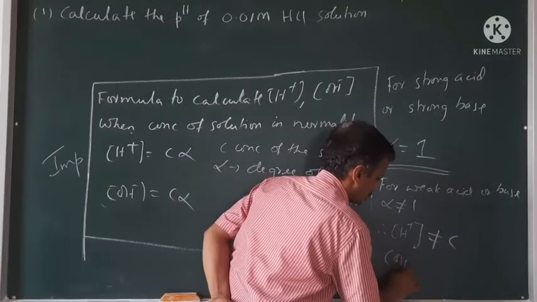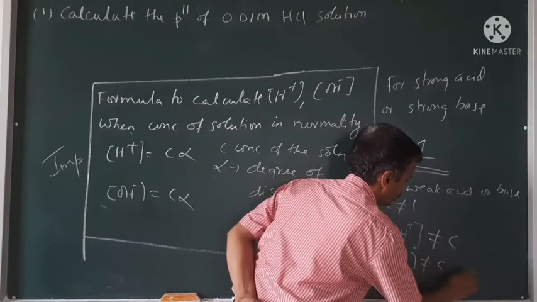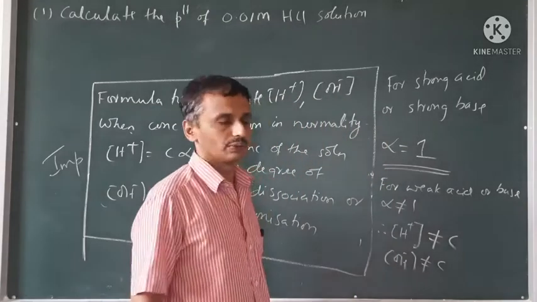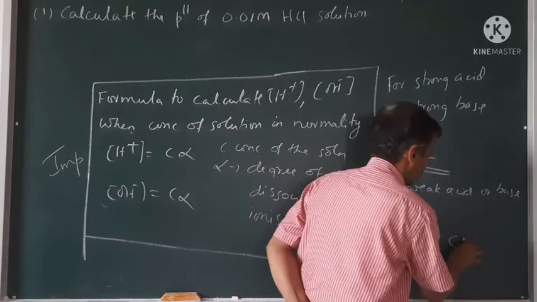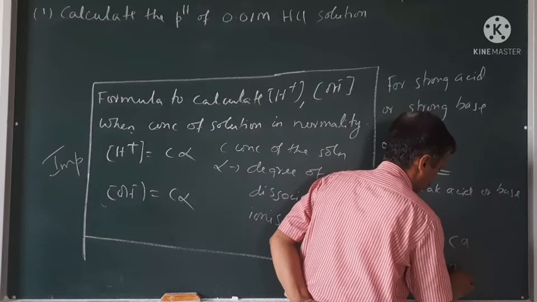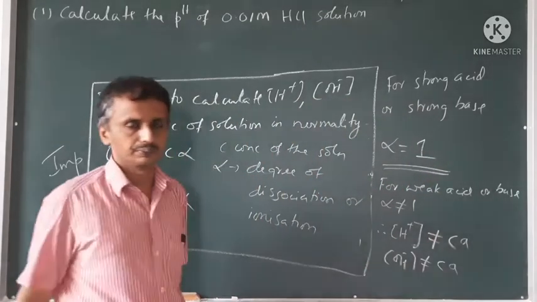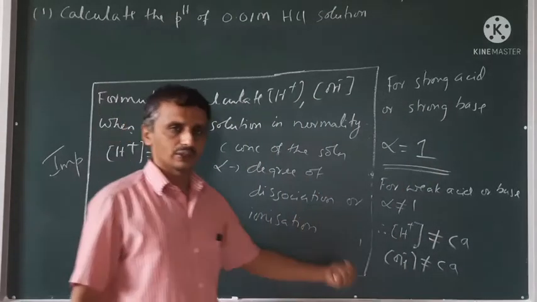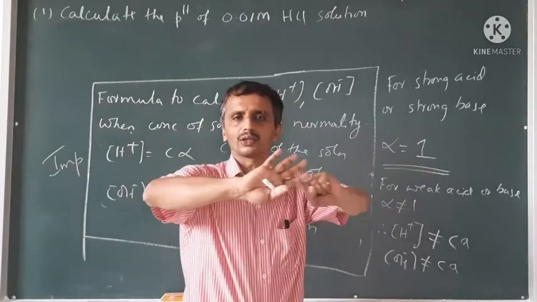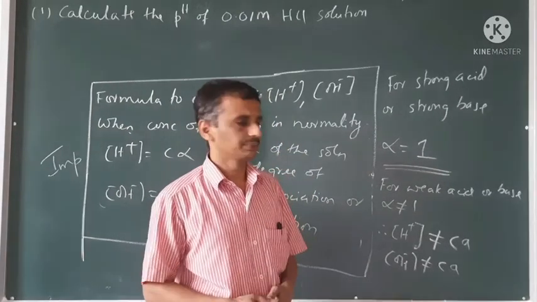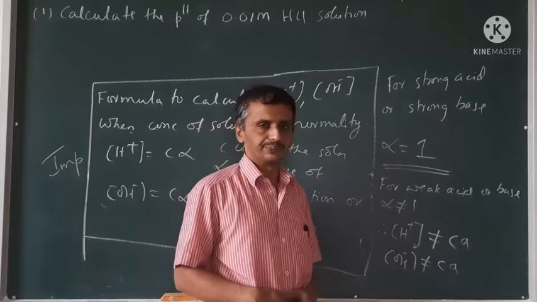OH minus concentration is not equal to C. Not equal. Or if you write C into A, not equal. Whether the normality is there or the molarity, they are not equal to each other, because alpha is not 1.